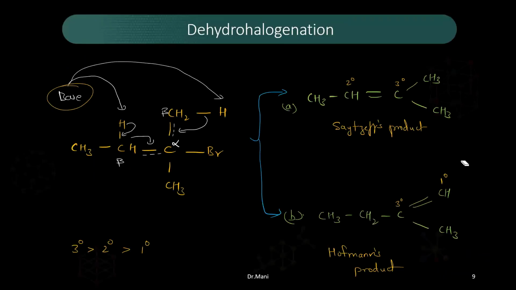So going and obtaining the hydrogen here is very difficult as it is surrounded. But it is feasible at the terminal end. So that's why Hofmann's product is sometimes formed as the major product when you are using a bulky base. You understood? The meaning of Saytzeff product and Hofmann's product is very important. MCQs can come on this.